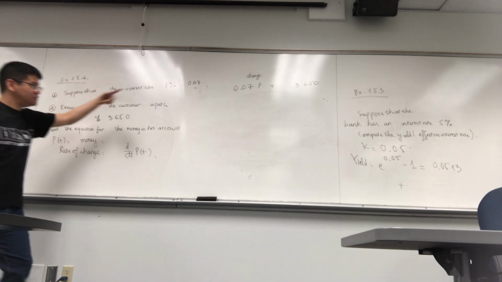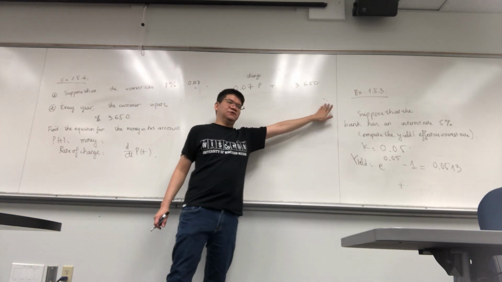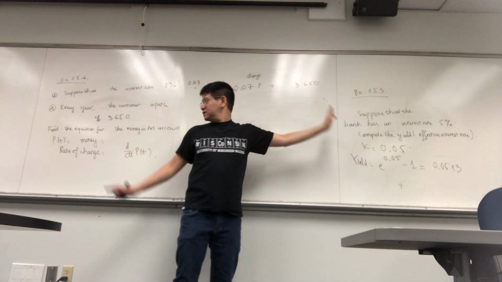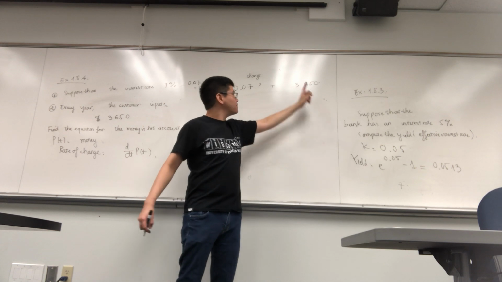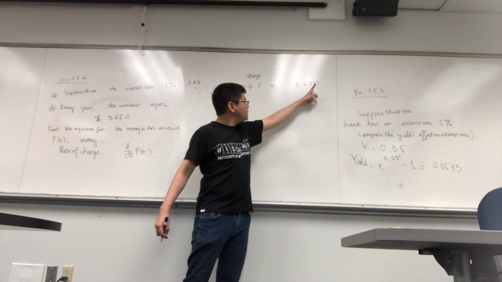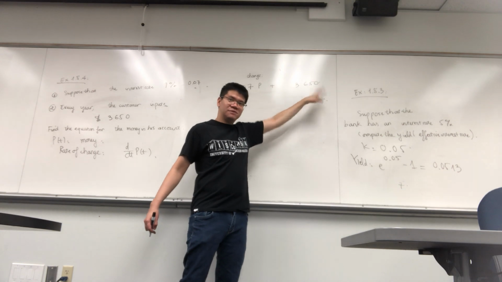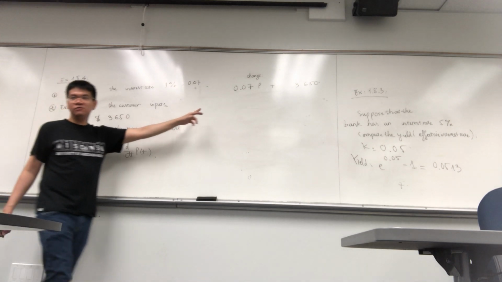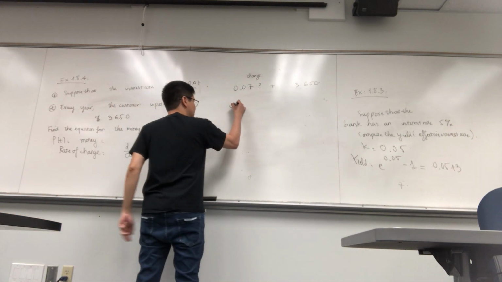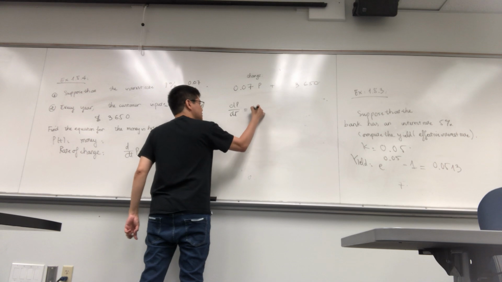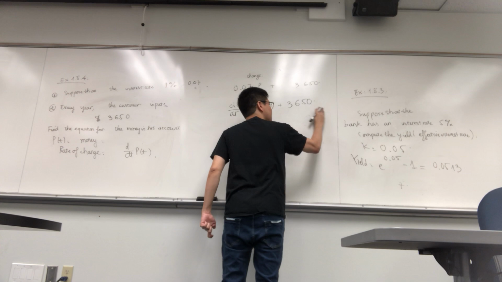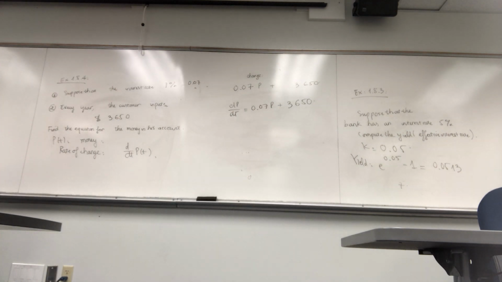So every year, the money will increase by 0.07 times p, and then you put some money into the bank, $3,650. So this rate of change has to be equal to this one. So you have dp over dt is 0.07p plus 3,650. Is it clear?